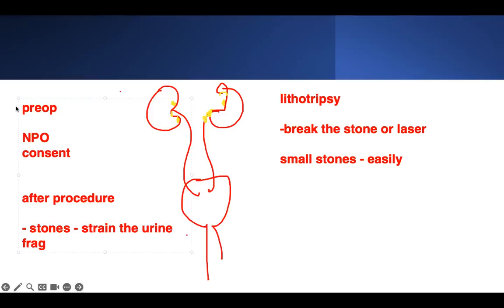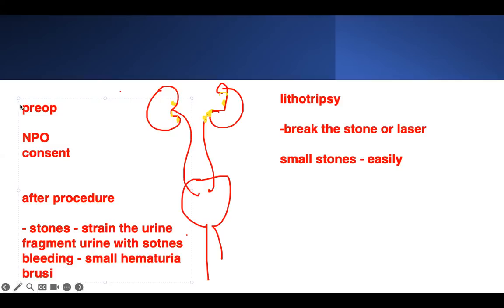They're going to have fragmented urine with stones in it. Okay, that's fine. They may have some bleeding. This is small blood, so hematuria, not gross. It should not be massive. This is a little bit of it. If you see massive, it's a problem.